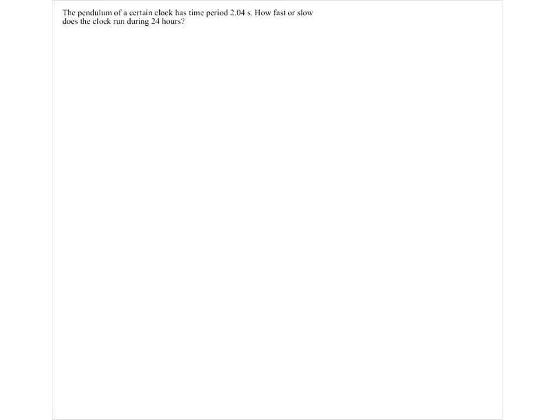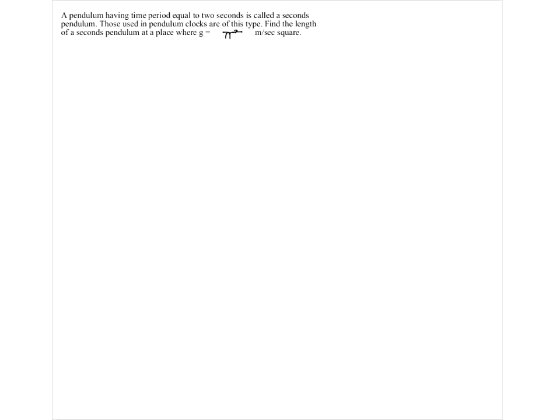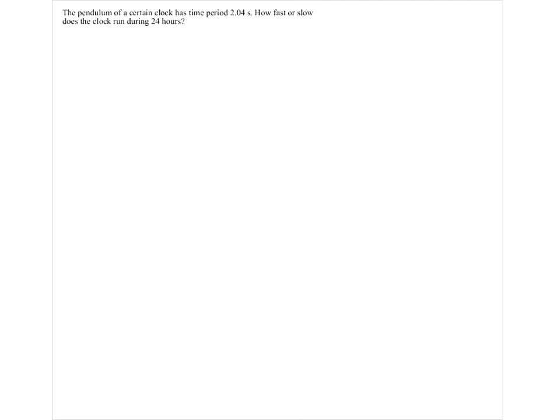You have seen in the previous question that time period should be 2 seconds for such clock. In place of 2, it is 2.04. That means for every 2 seconds, there is a delay of 0.04 seconds.